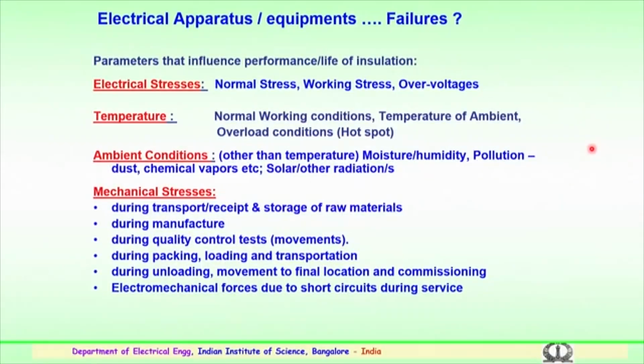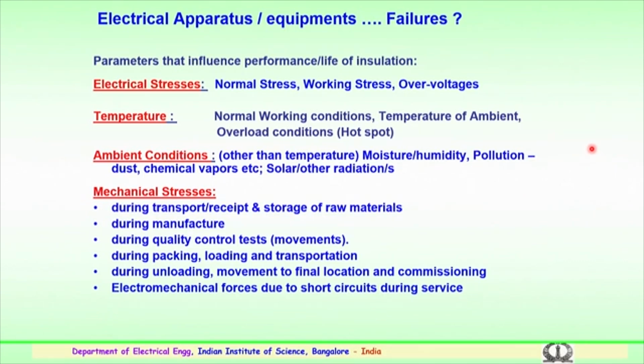We know that any electrical apparatus, it could be any high voltage apparatus, why do failures happen? These failures could be because of several parameters, or because of the influence of performance over a period of time; particularly the life of the insulation degrades over a period of time in the field under which it is being operated.